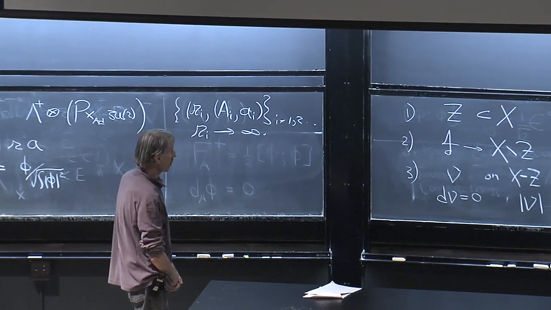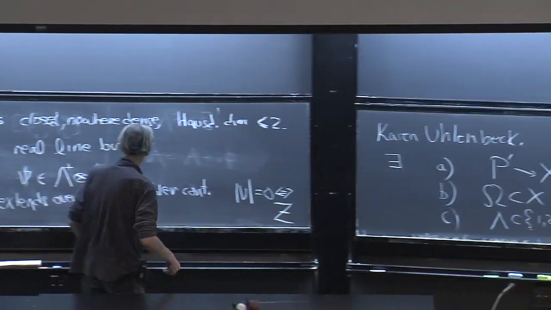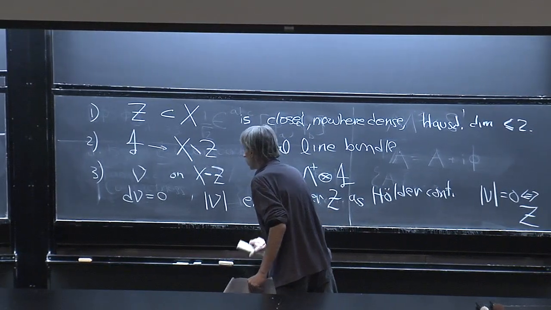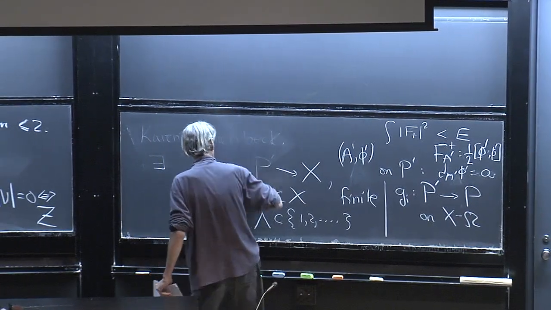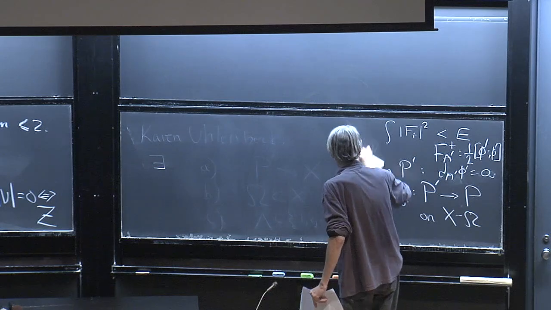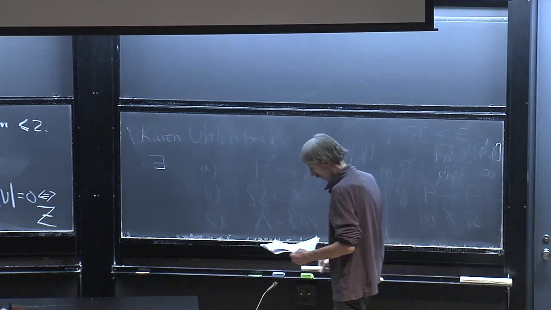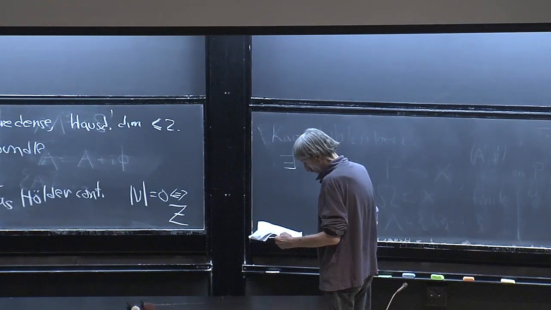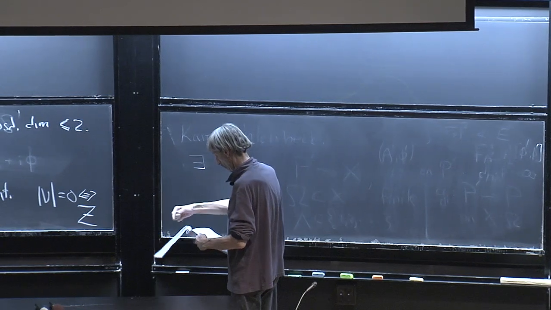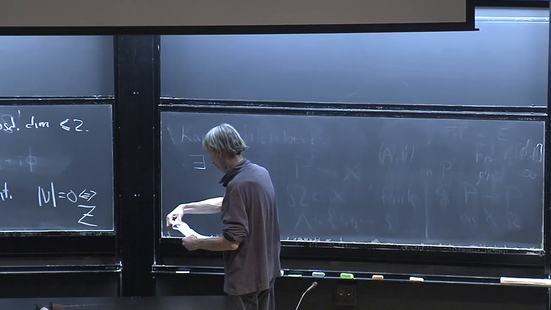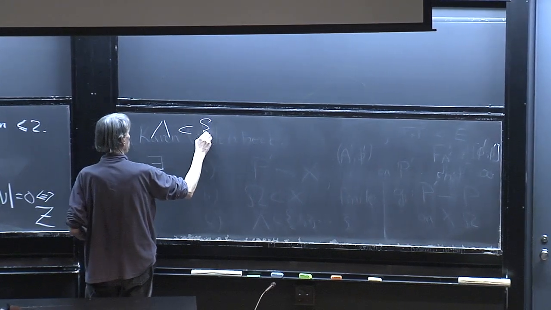So that's the geometric data, and then how does that relate to our sequence of solutions? Okay, so what do we need? We need a subsequence, right? So we always have to take subsequences when we look at limits.